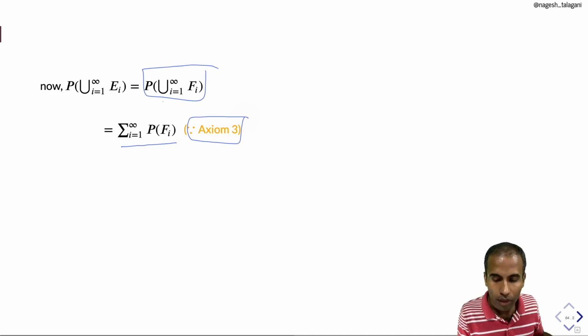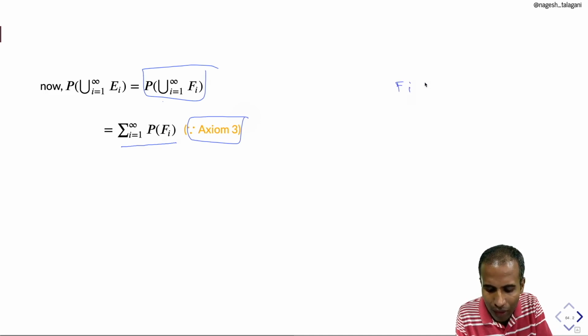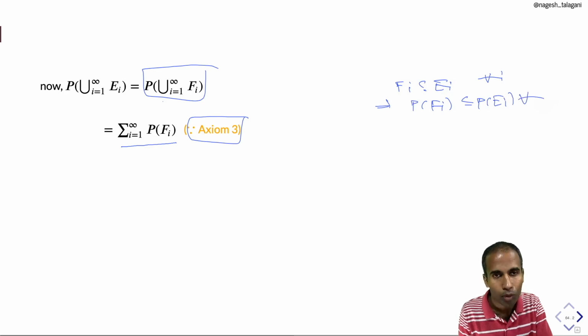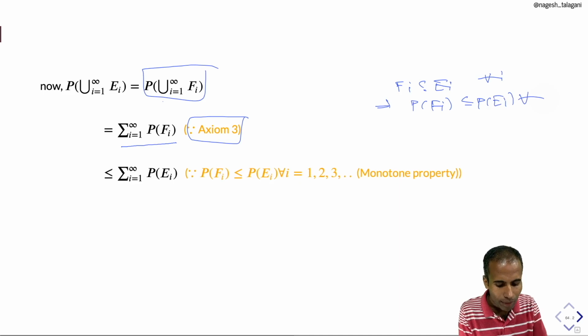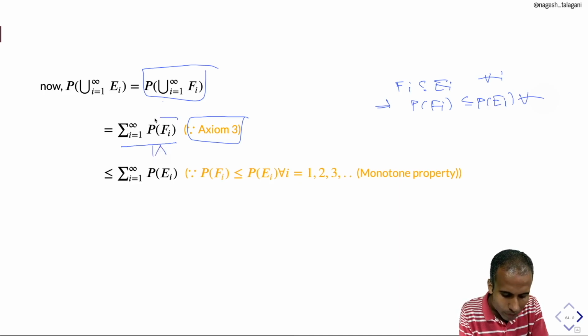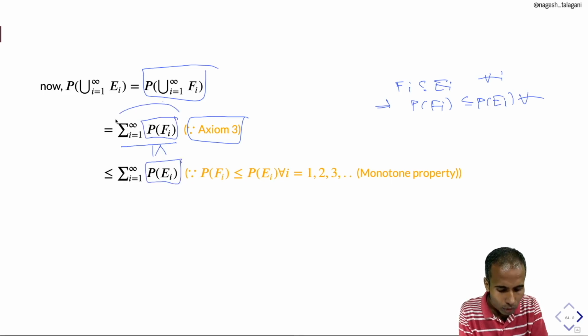In the above slide, we realize that each Fi is a part of Ei, right? Okay, so for all i, by applying the monotone property, the probability of Fi is going to be less than or equal to the probability of Ei for all i due to the monotone property. So this summation will be less than or equal to this summation because each term here, the probability of Fi, is less than or equal to the probability of Ei. So this whole sum will be less than or equal to this whole sum.